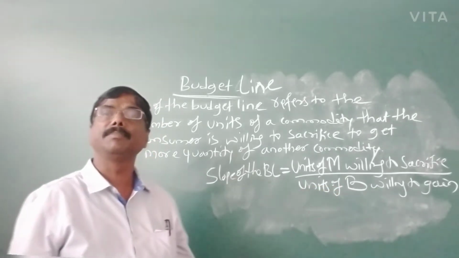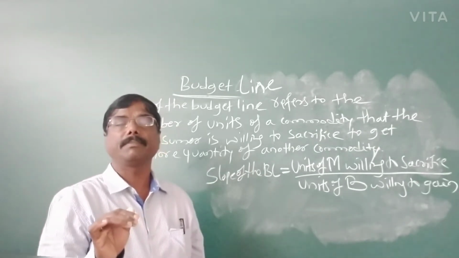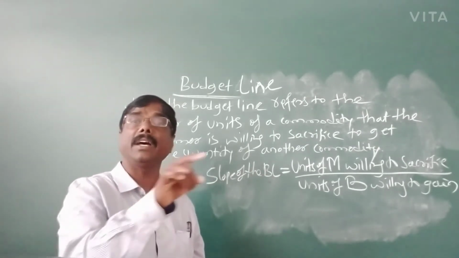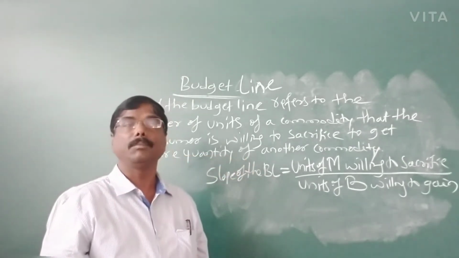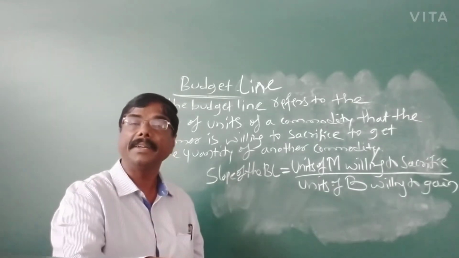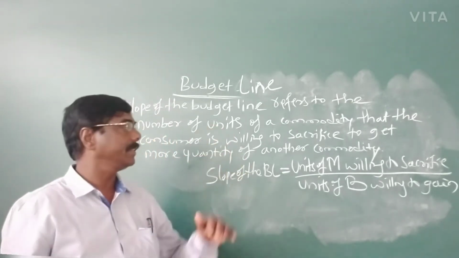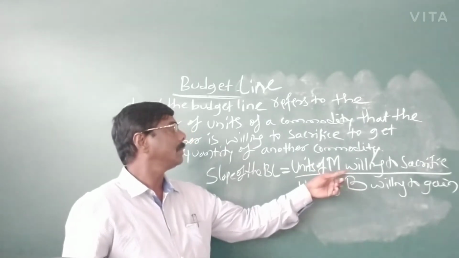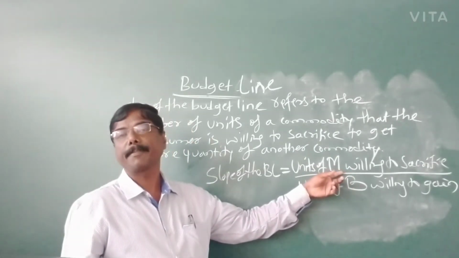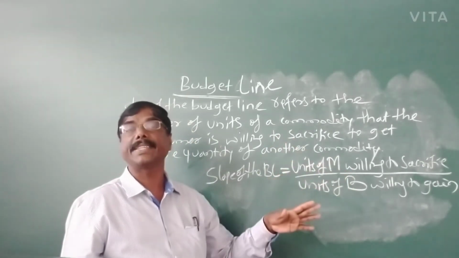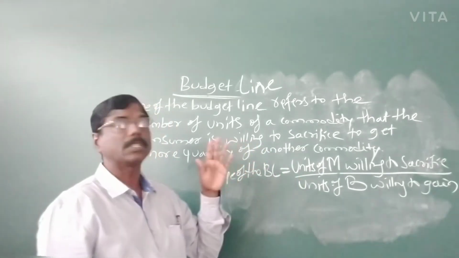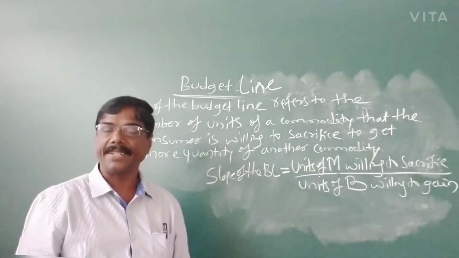It is very simple. To get more quantity of another commodity, more quantity of banana, he has to sacrifice mangoes. It is known as the slope of the budget line.